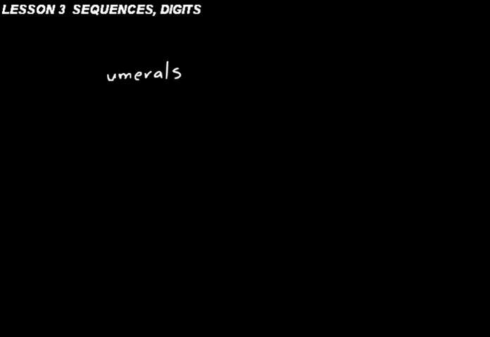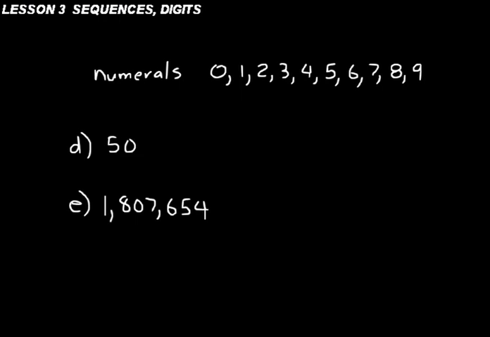The digits are 0, 1, 2, 3, 4, 5, 6, 7, 8, and 9. Those are the digits. There's 10 of them, right? 10 digits. Now you can make any number you want with those 10 digits.